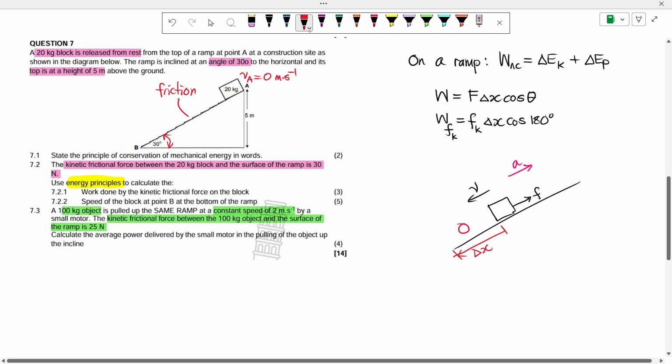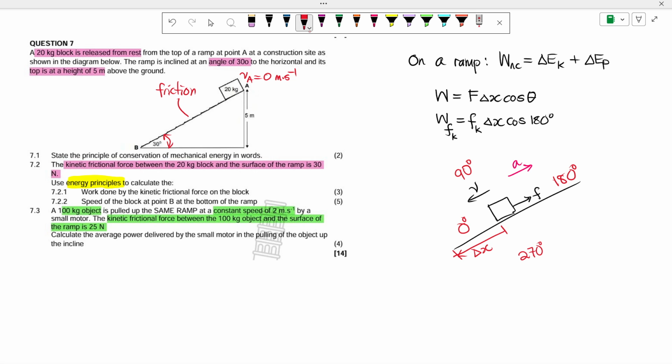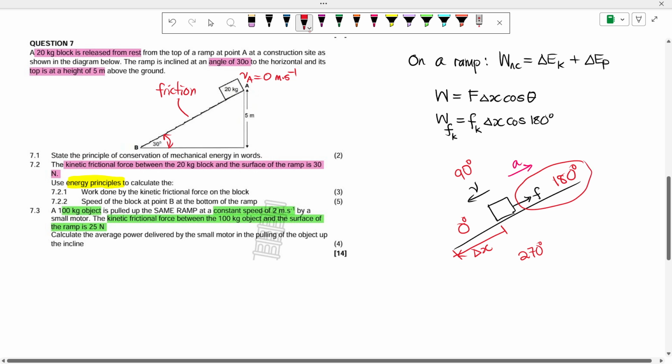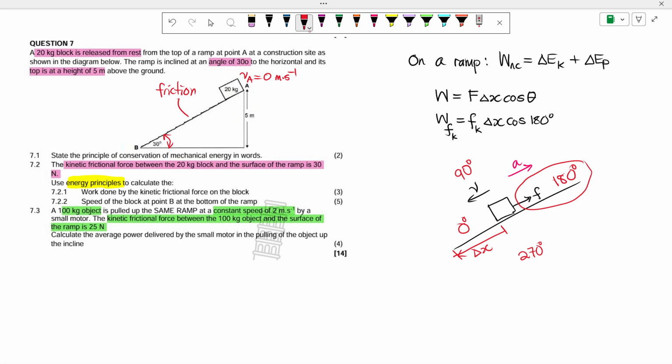So this is your 0 degrees angle, this is your 90 degrees angle, this side is your 180 degrees angle, and on this side is your 270 degrees angle, for the sake of work done by any force. So that's why friction is 180, because it's facing in the opposite direction to which the box is actually going.